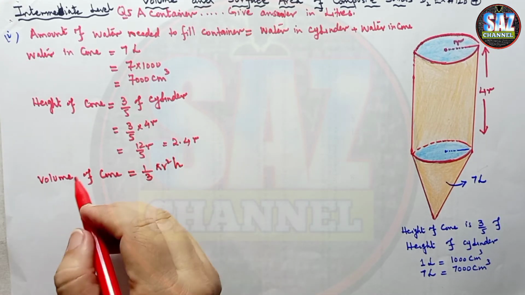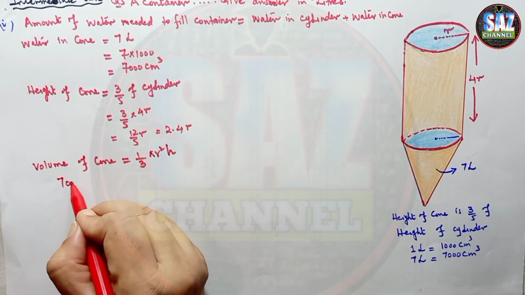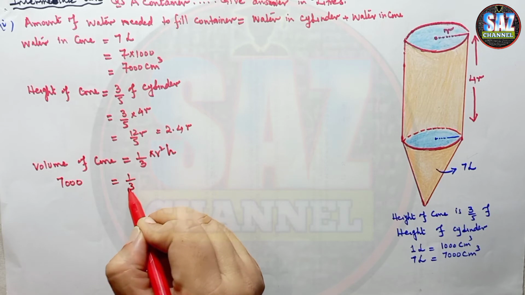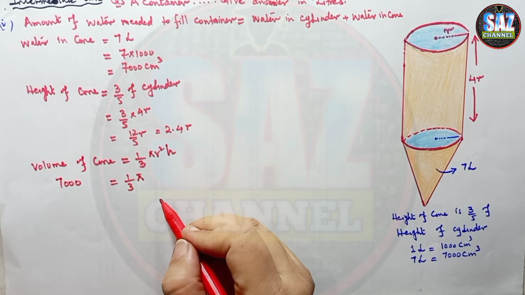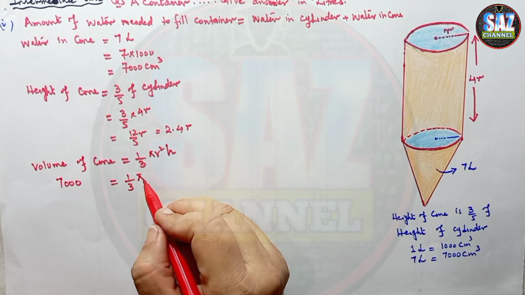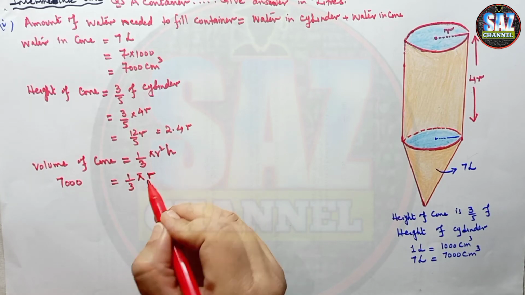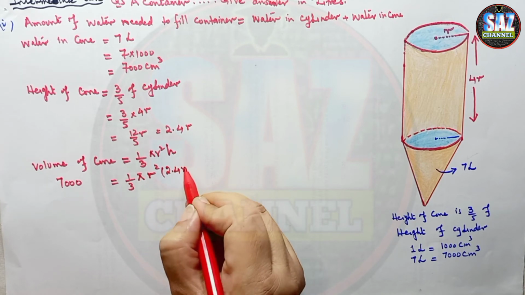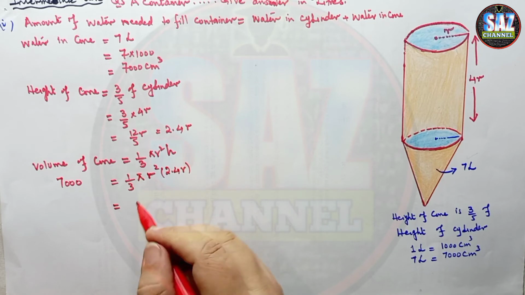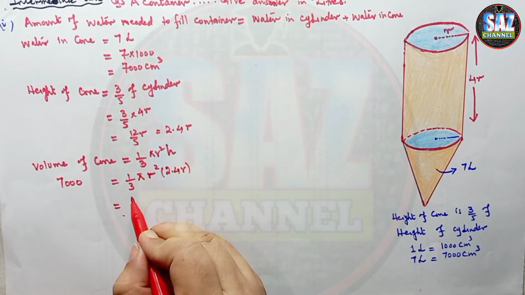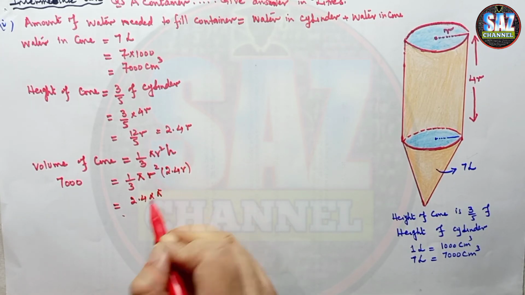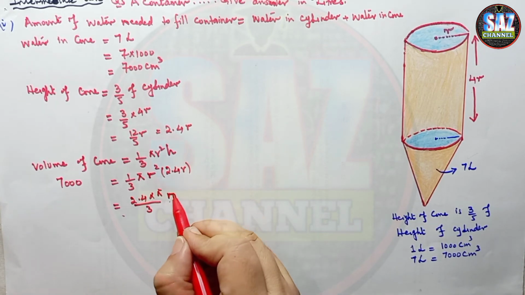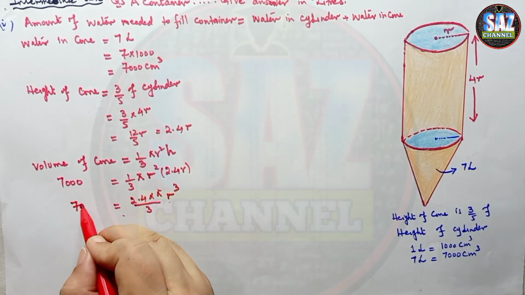Okay, now the volume of cone, which was 7 liters, can be taken as 7000. 1/3 into pi, and the radius we do not know about, it will be coming as it is, and the height of the cone is 2.4r. Now we have 2.4 multiplied by pi by 3 into, when r is multiplied by r, it will become r cube, which is equal to 7000.